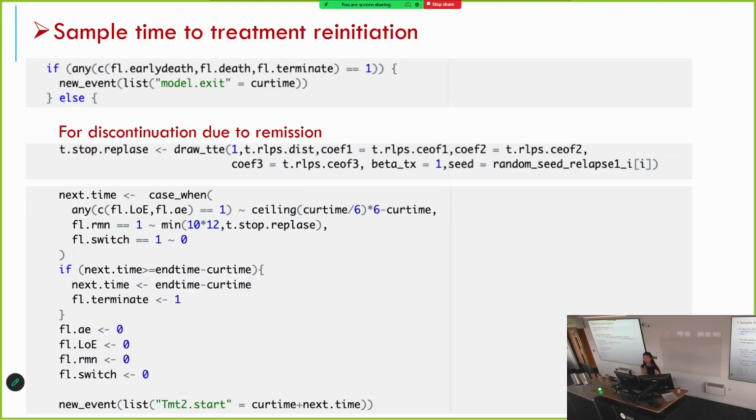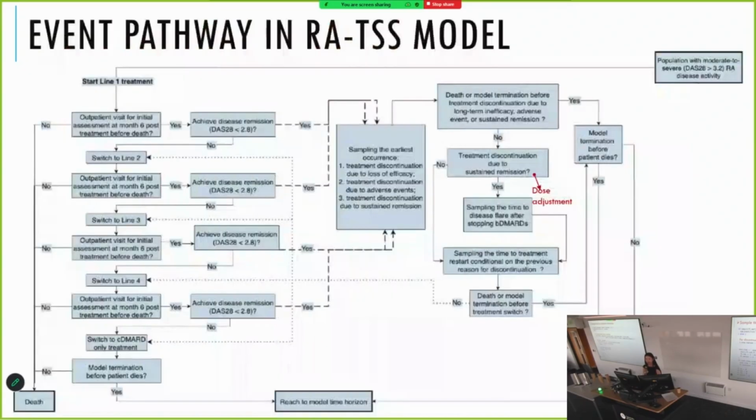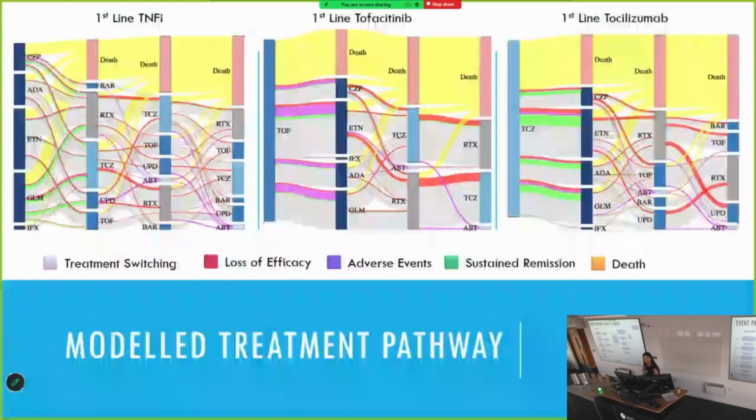And for the other 2 discontinuation reasons, the treatment reinitiation happens at the next outpatient visit, implemented as the next future point occurring at a 6-month interval. So based on these ideas, this is how the whole treatment sequence is sampled through, including the 4 target drugs and followed by a maintenance phase of conventional drugs.